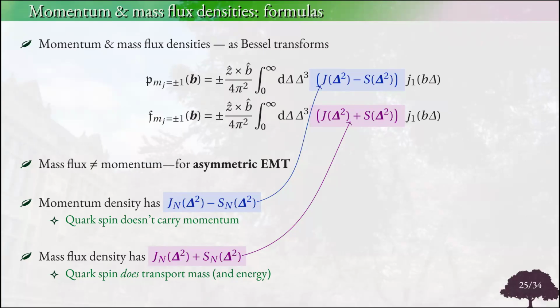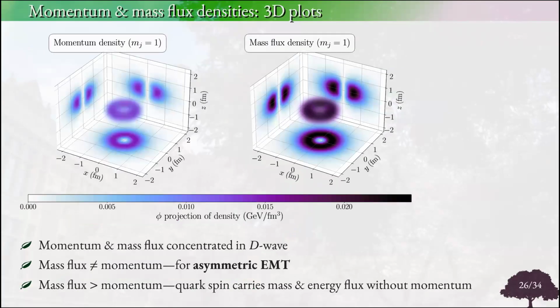The symmetric and asymmetric EMTs are both valid, but I'm looking at the asymmetric EMT here. And because of this, the mass flux density and momentum density are different. In fact, because you have mass flux being carried by the quark spins, that doesn't count towards momentum. Your mass flux density is larger than your momentum density.